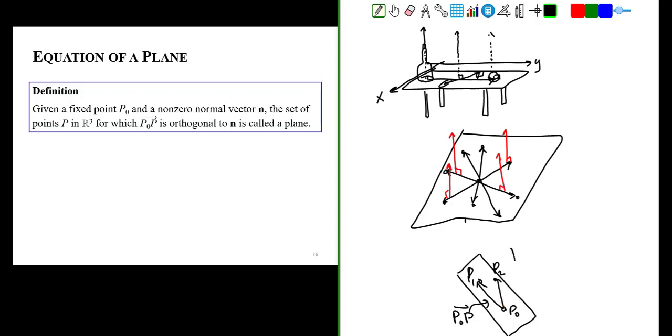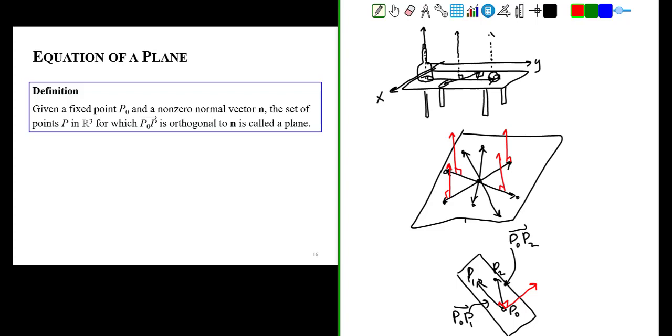And this vector we will just label as P0 to P2, and the first vector we will label as P0 to P1. Those two vectors lie in the plane, and notice there is a vector that is perpendicular to both those two vectors and to the plane itself.